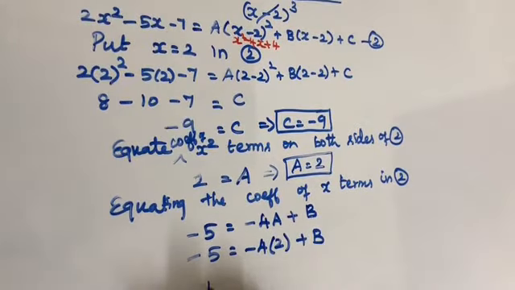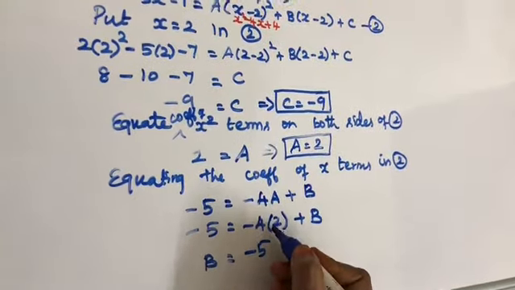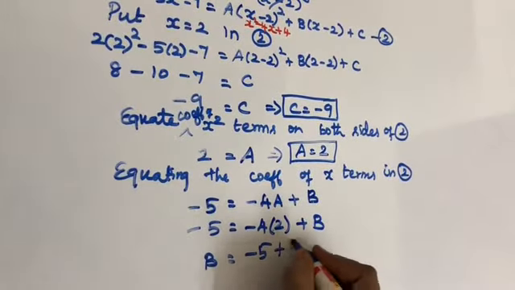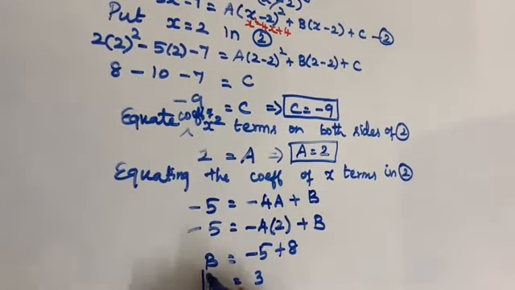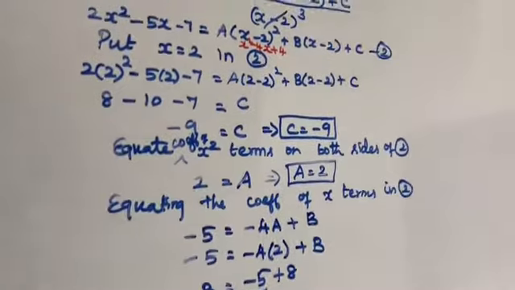So B is equal to, minus 5 is there already, 4 2s are 8, minus 8. When it comes to the opposite side, it will become plus 8. So that is B is equal to 3. Okay. So C is equal to minus 9, A is equal to 2 and B is equal to 3.